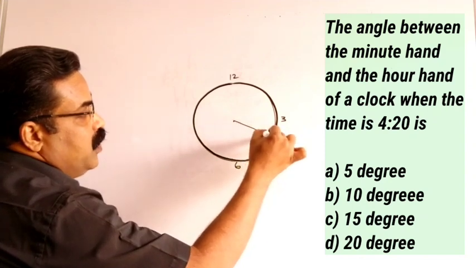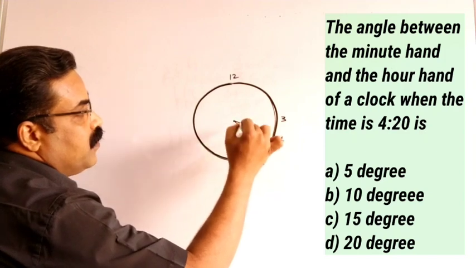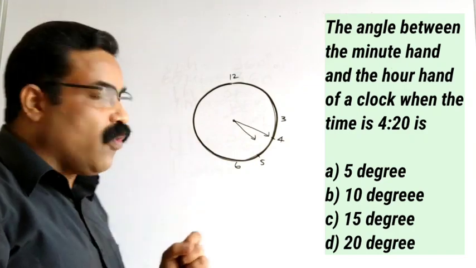The minute hand will be on 20 and the hour hand will be between 4 and 5. This time is 4:20.